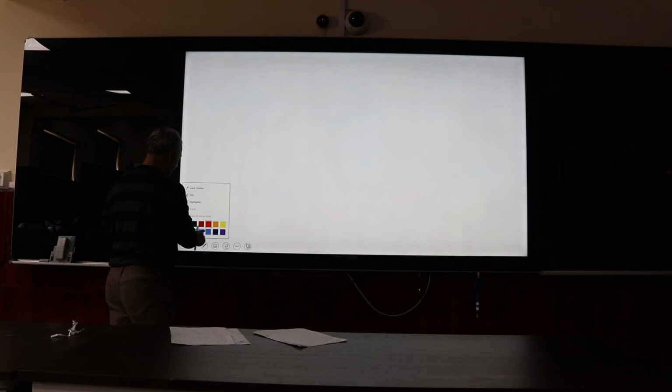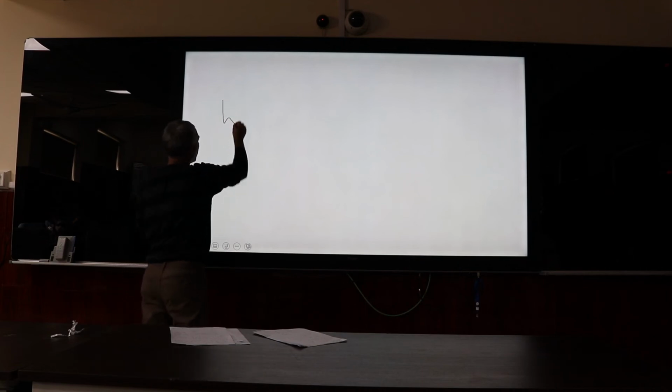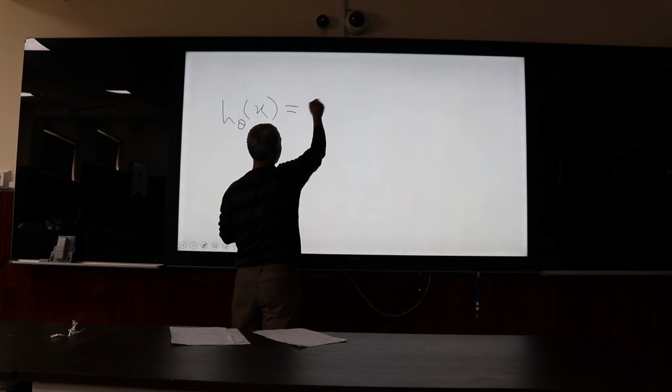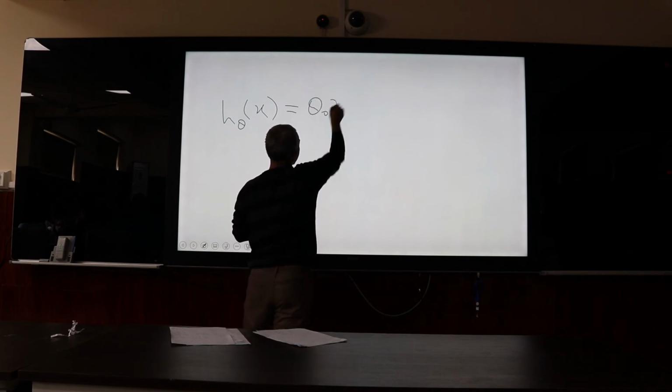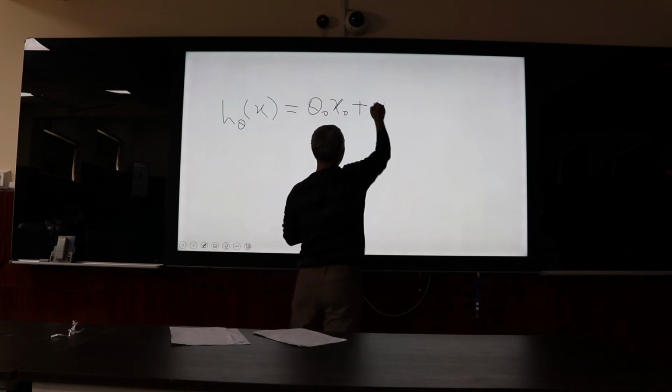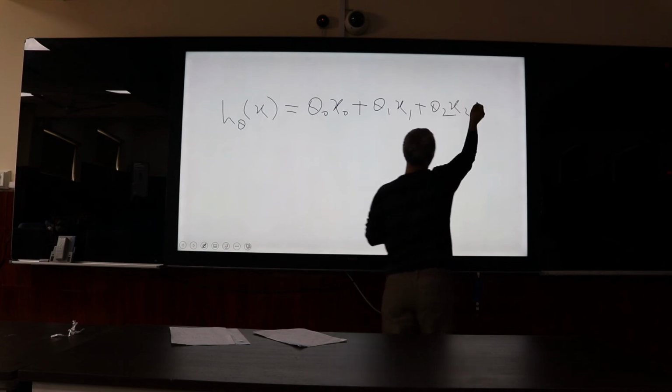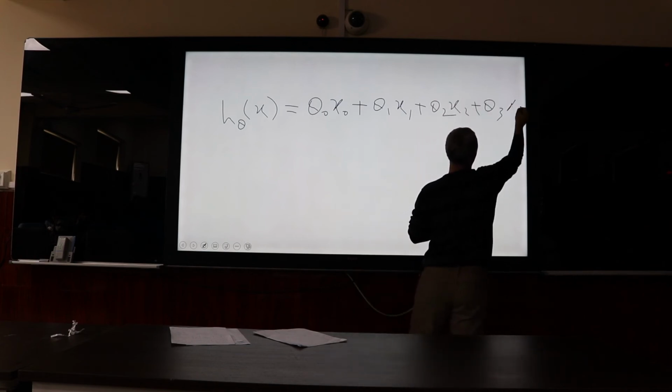In this hypothesis function, you can write more than one feature like this. A moment ago I mentioned theta naught x naught plus theta 1 x1 plus theta 2 x2 plus theta 3 x3.